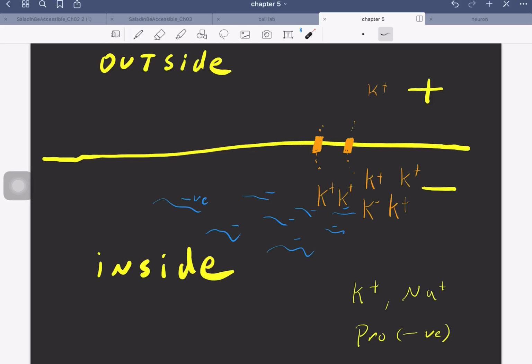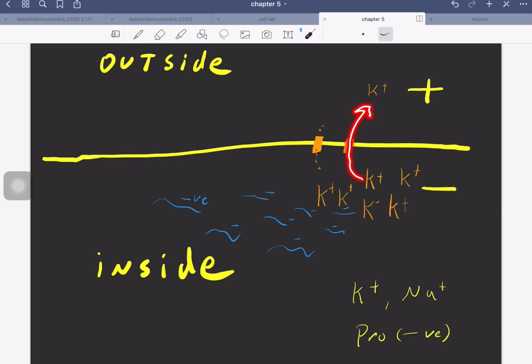First of all, I'm going from a high concentration of potassium to a lower concentration. So that would be a force that would drive some potassium out. The other thing is, if I have all these positive ions, they want to repel each other. So that also will force potassium out. So not all the potassium will leave, but certainly some of the potassium will be driven outside the cell, or the neuron to be more specific.